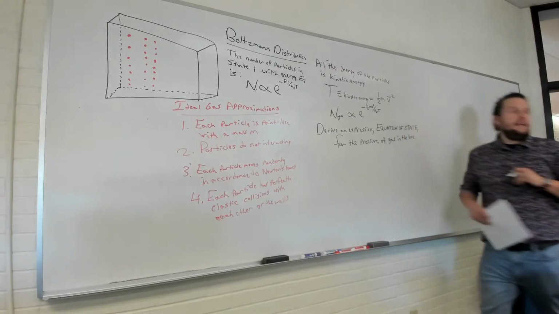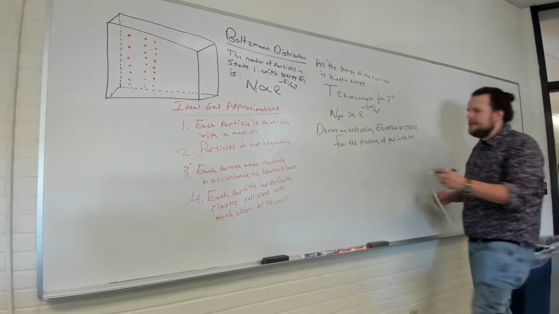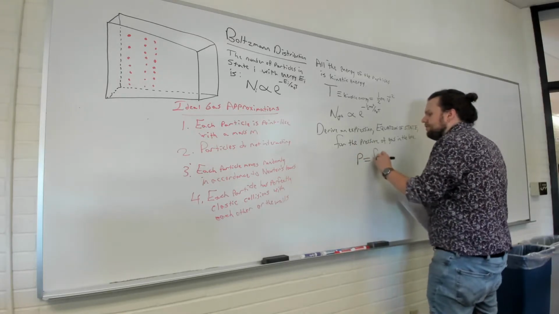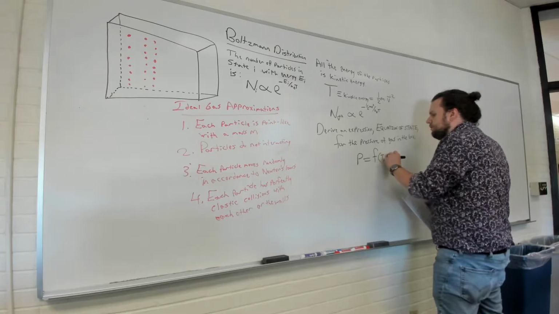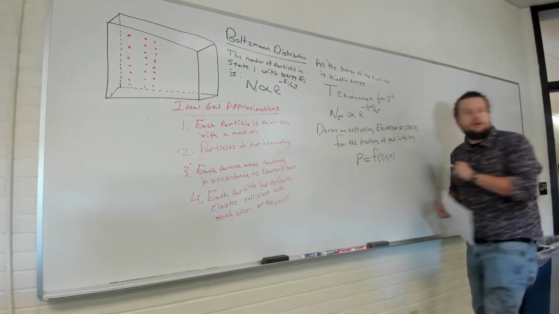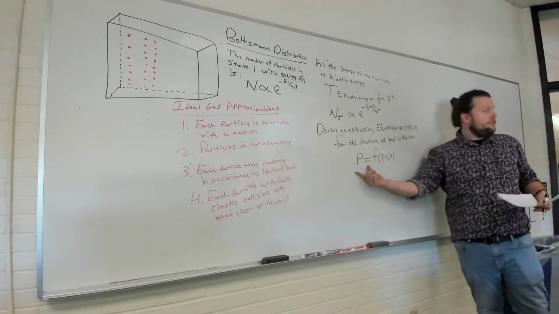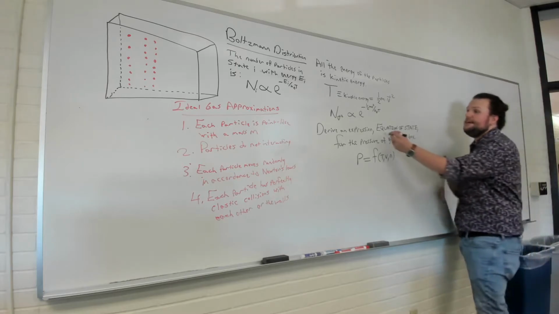By the end of this lecture, we should be able to say something like that pressure is a function of some variables, maybe temperature, volume, number of moles, and so on. We just plug in some things and we get the pressure out. This is what's called an equation of state.